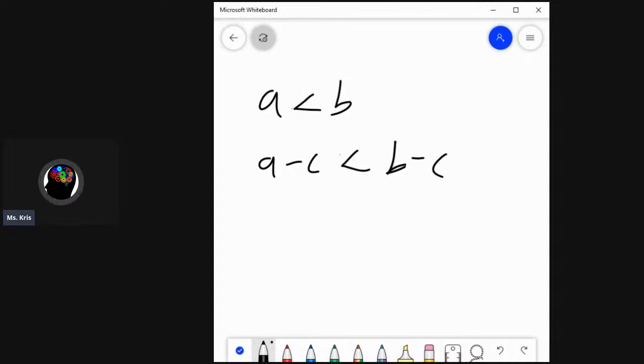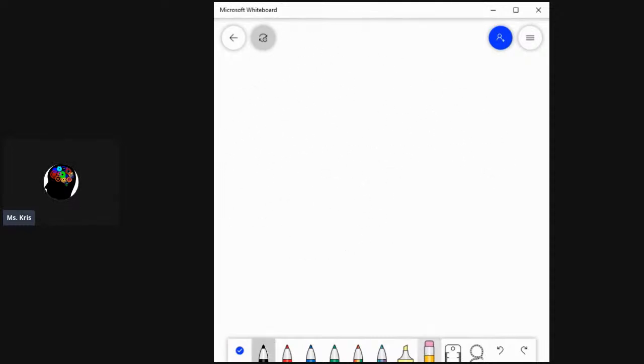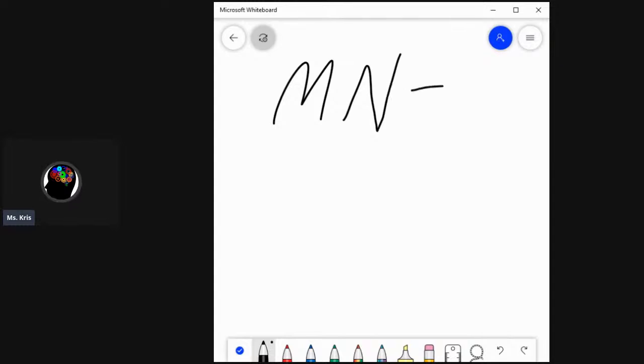Now, typically when you're dealing with proofs, your given would be MN is greater than PQ. And typically it would look like this.